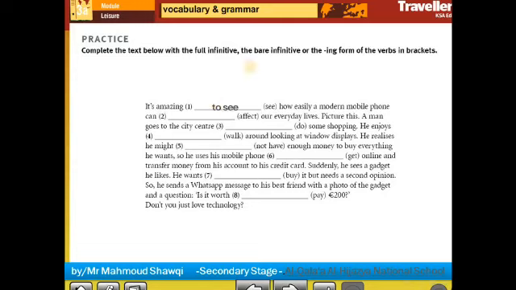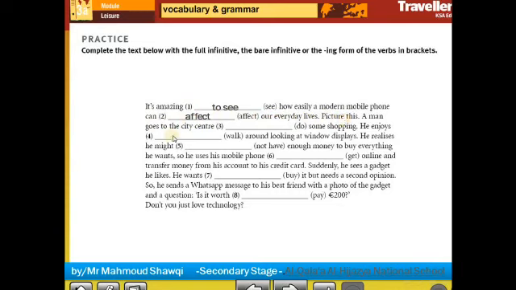It's amazing to see how easily a modern mobile phone. Number 2, can. This is a modal verb. Okay, we use the bare infinitive after the modal verbs. Yes, what's your answer? Yes, that's right. Bare infinitive. Can affect our everyday lives.